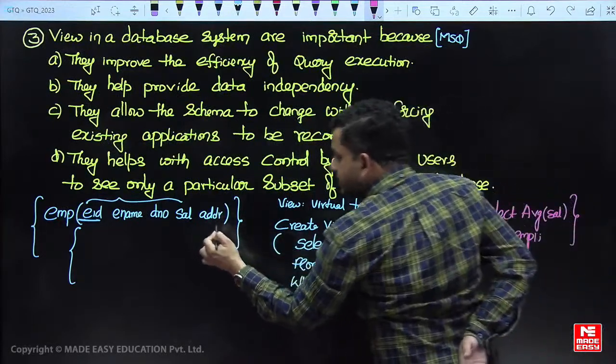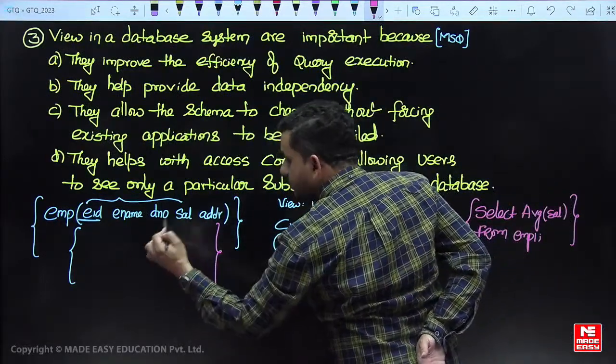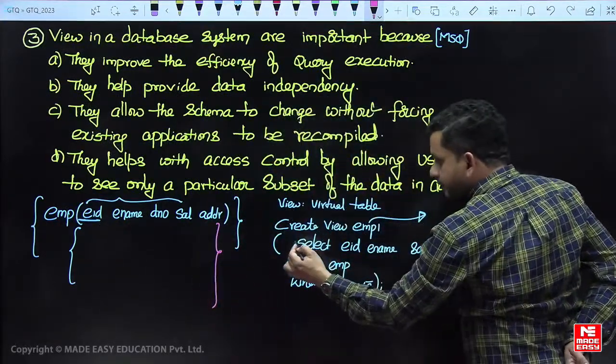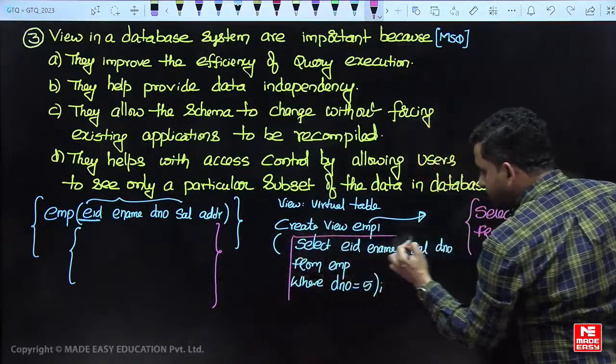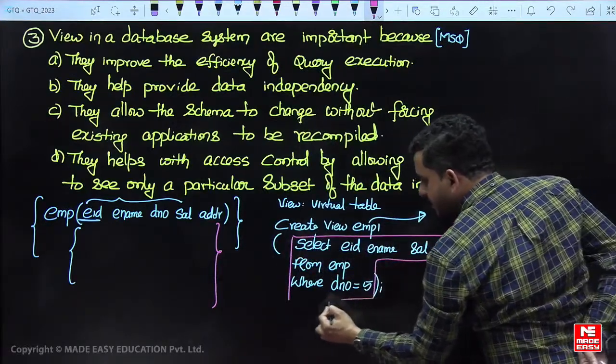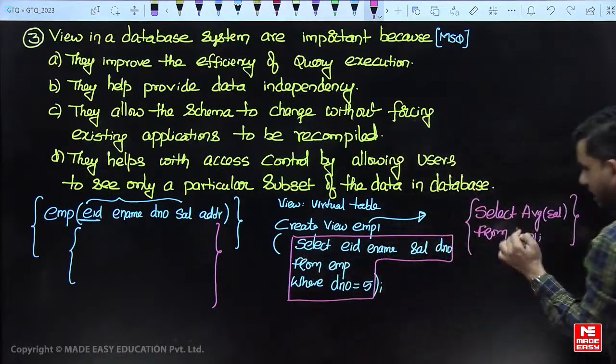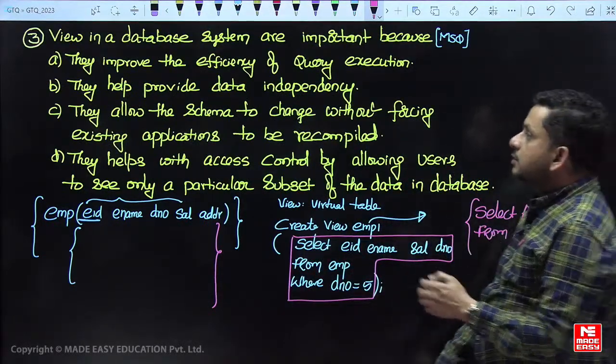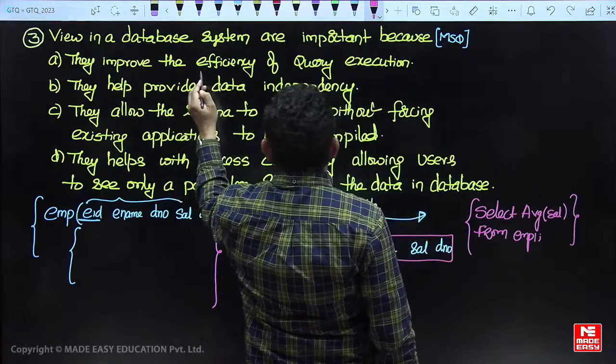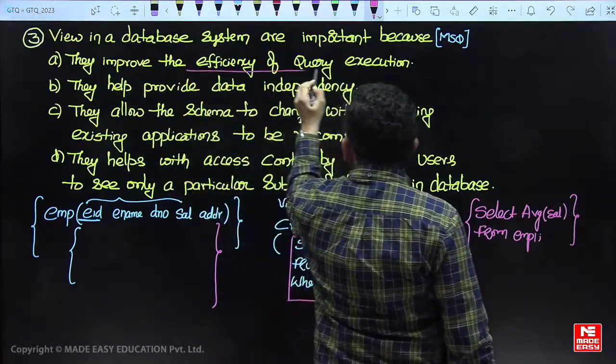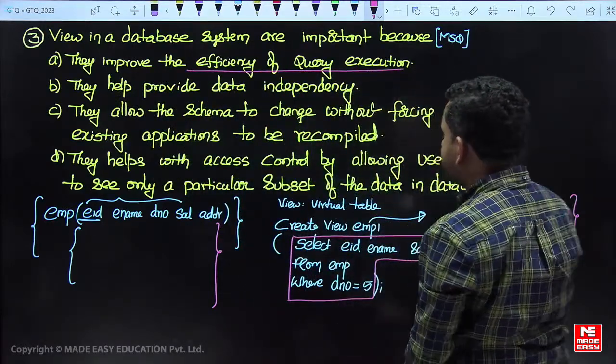First it uses the physical RDBMS table to compute the view's data, and then it computes this query. So views do not improve query execution.